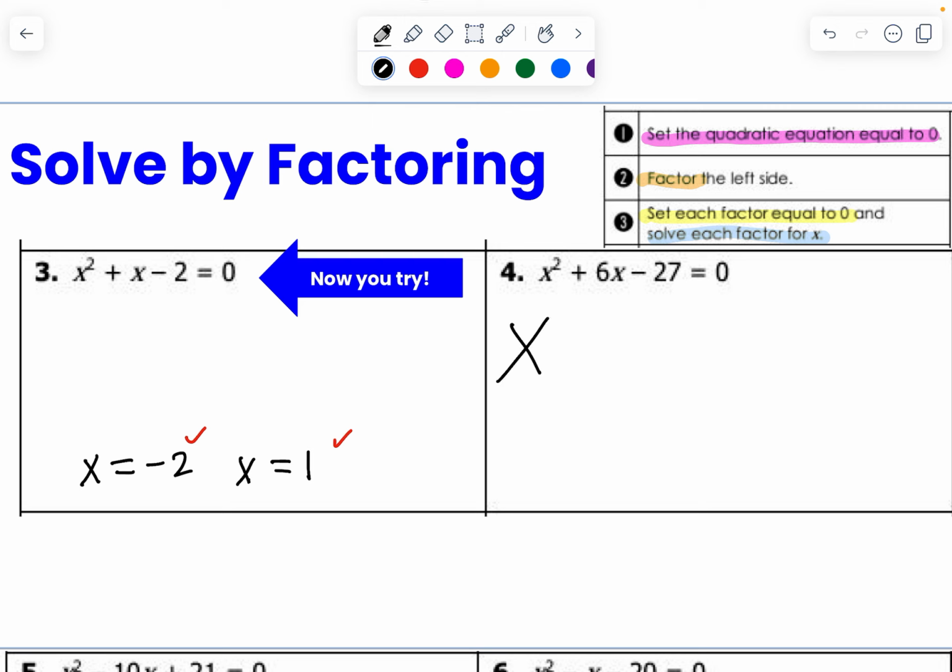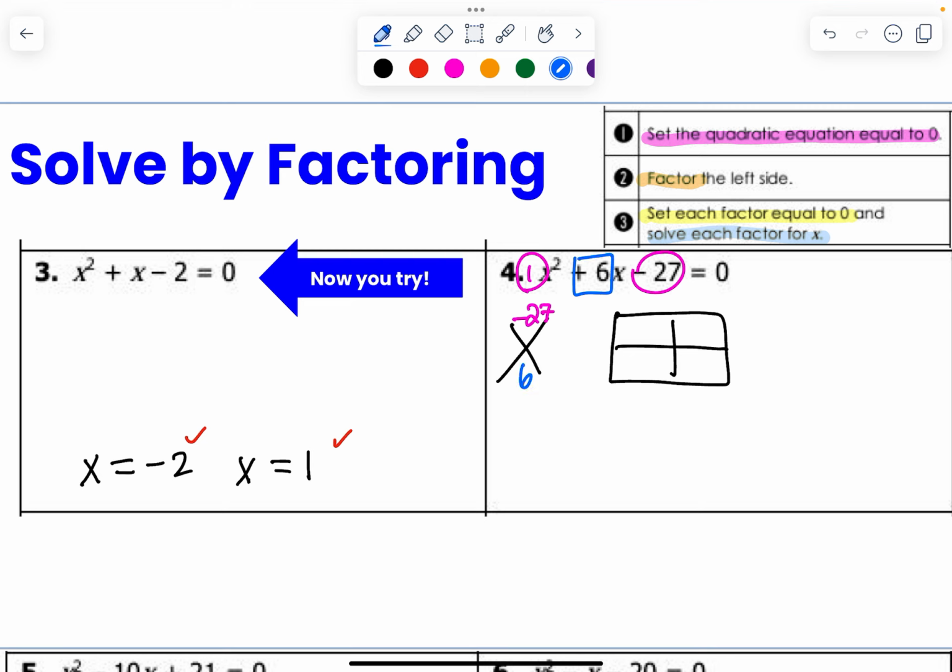We've got our x. We've got our box. I've got 1x squared times negative 27 is negative 27. Positive 6 right here. So I'm thinking of two numbers that multiply to negative 27, but add up to 6. So I'm going to look at my factor chart at 27. I have 1 and 27, 3 and 9. It's going to have to be 3 and 9.